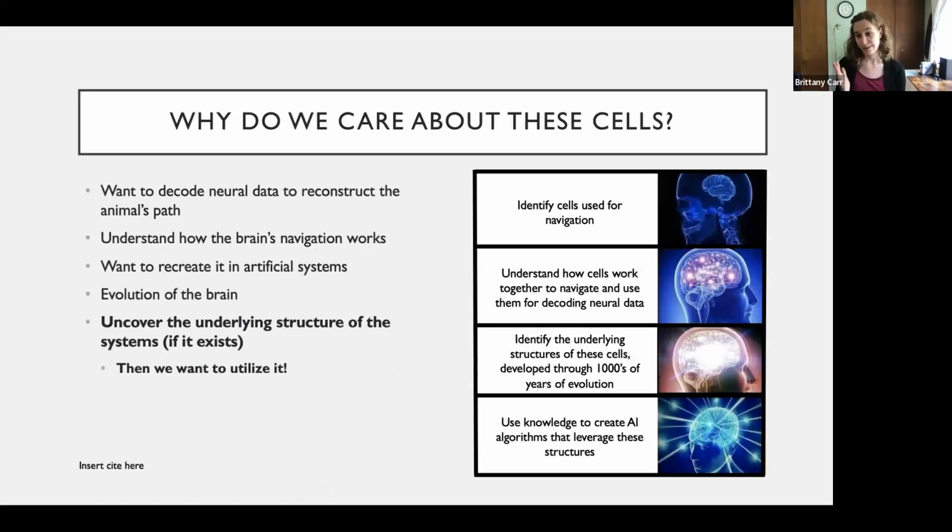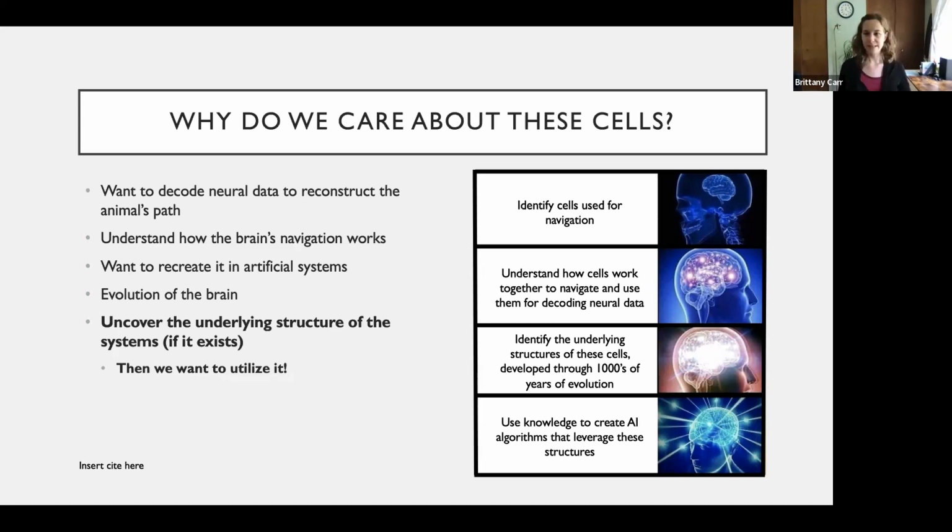So why do we care about these cells? Alex already asked a great question about why we might care. Our first level is that we want to be able to decode neural data to reconstruct an animal's path, right? If we're able to take just the neural spiking data and say, okay, all of these neurons fired, the animal is right here, that's pretty cool. We also want to understand how the brain's navigation works, and recreate that in artificial systems.